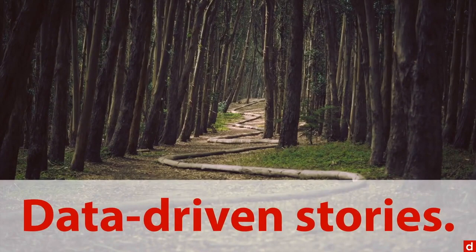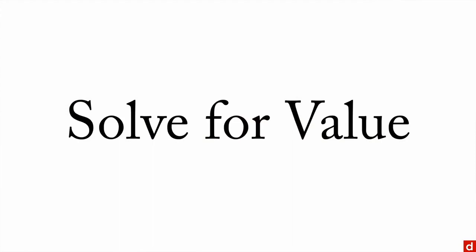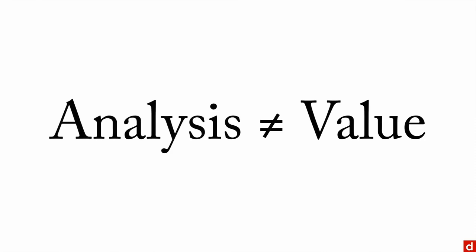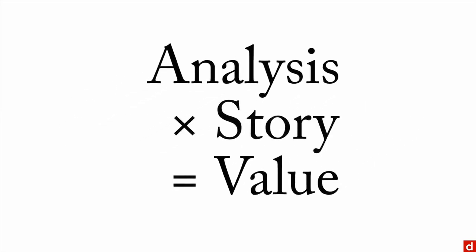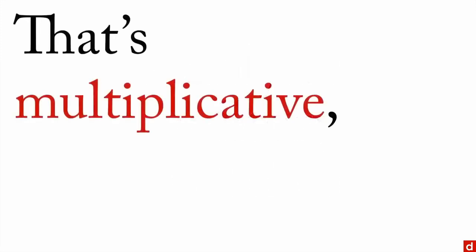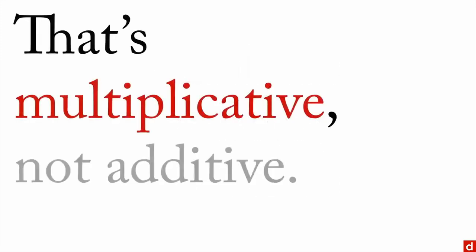Now, another way to think about this is when you're doing your analysis, what you're trying to do is solve for value. You're making an equation, you take the data, you're trying to solve for value. The trouble is this: a lot of people get hung up on analysis, but they need to remember that analysis is not the same thing as value. Instead, I like to think of it this way, that analysis times story is equal to value. Now, please note, that's multiplicative, not additive.